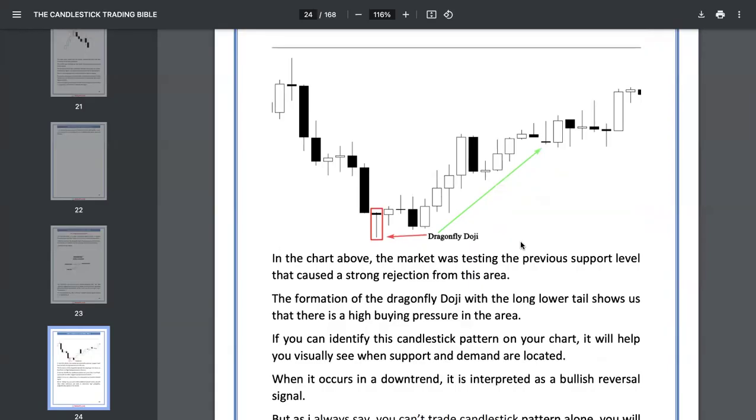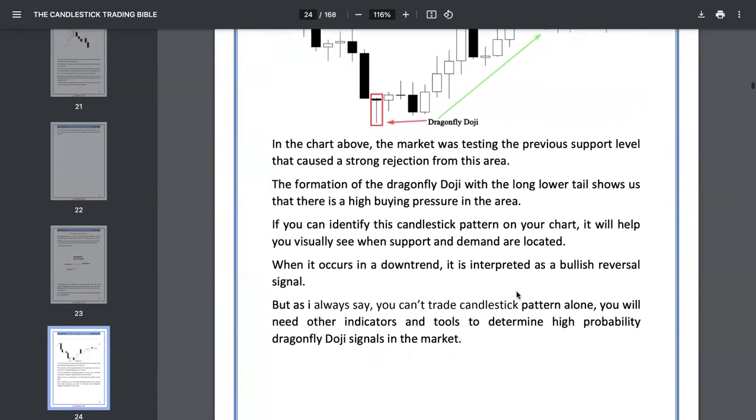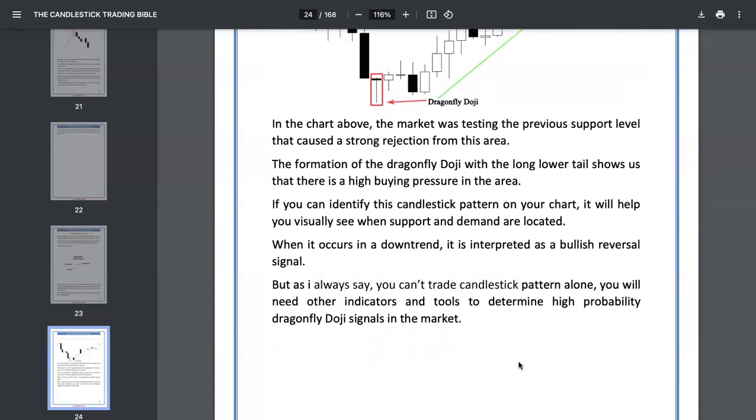The formation of the DragonFly Doji with the long lower tail shows us that there's a high buying pressure in the area. If you can identify this candlestick pattern on your chart, it will help you visually see when support and demand are located. When it occurs in a downtrend, it is interpreted as a bullish reversal signal.